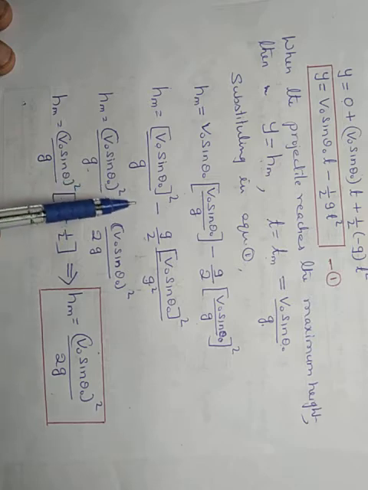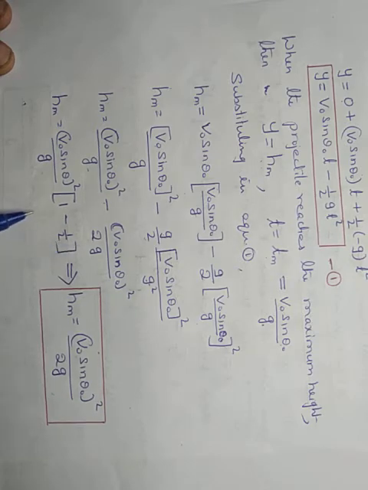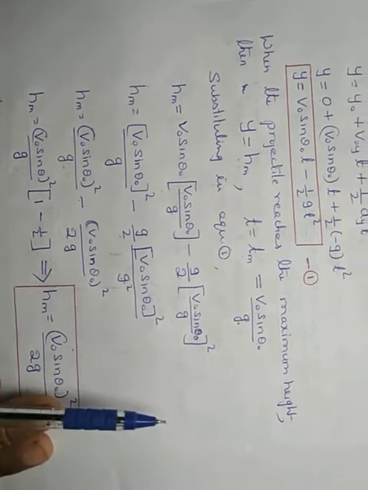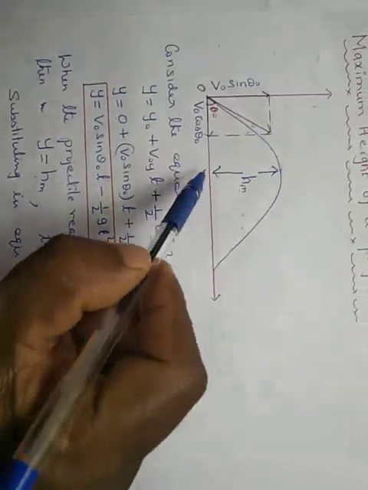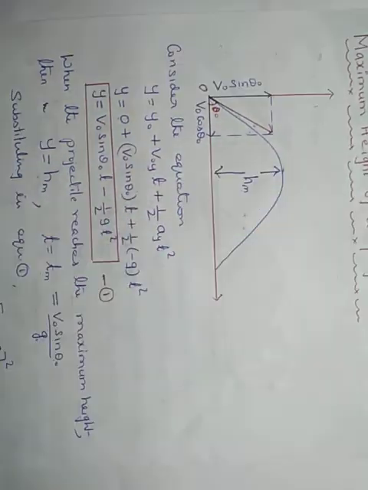So, if you take it out you get 1 minus 1 by 2. So, 1 minus 1 by 2 is plus 1 by 2. So, we will get v naught sin theta naught whole square by g into 1 by 2, that is 2g. Okay, so this is the maximum height travelled by the projectile. This is the maximum height, this point hm.